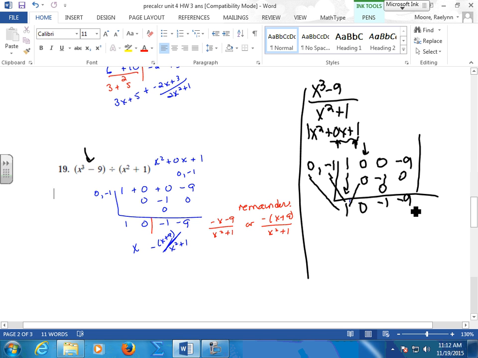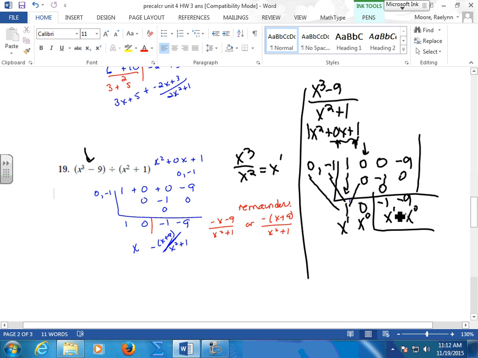I'll do this again with you. Then we say, okay, x cubed over x squared, I should be able to start with x1. x1, x0. This must be my remainder. Work your remainder backwards. Start here at the x0, x1.